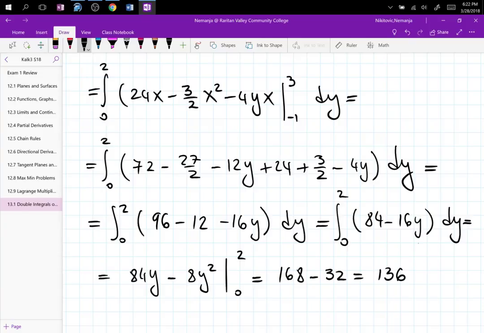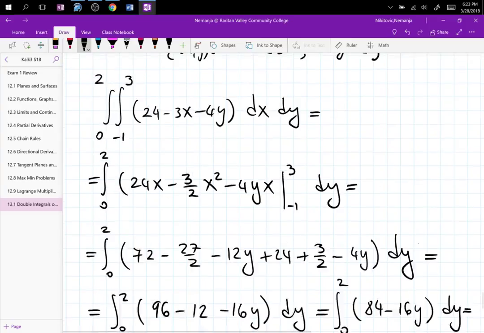Now, I am going to end here with 13.1, but I am going to ask you to write in your notes to do this integral dy dx. That should be your first homework exercise. So you go home, you read the section, and then the first exercise should be to do the same integral I did here, but do it in the opposite order to get 136.